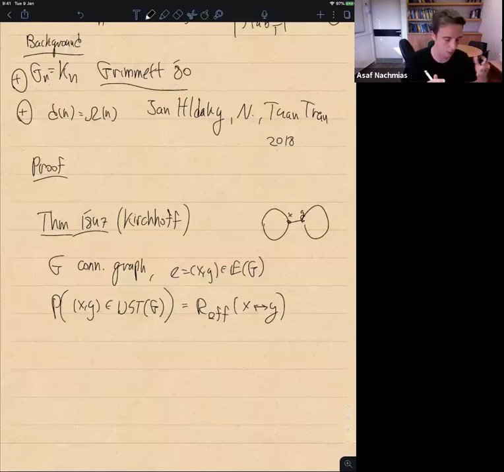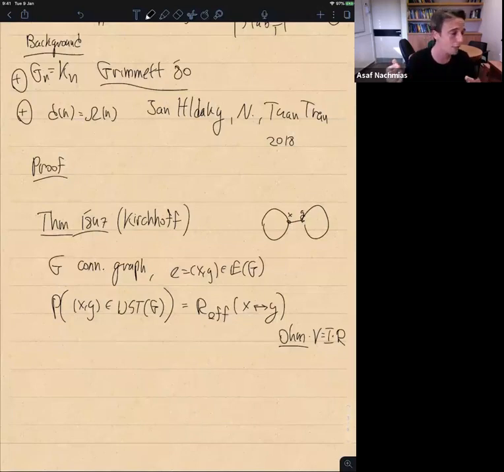I'm reminding you of Ohm's law, I always have to remind myself of this: V, the potential difference, equals the amount of current flowing times the resistance of the circuit from x to y. So if I send a unit current flow from x to y, and I look at the potential difference that it induces, that difference is the effective resistance.